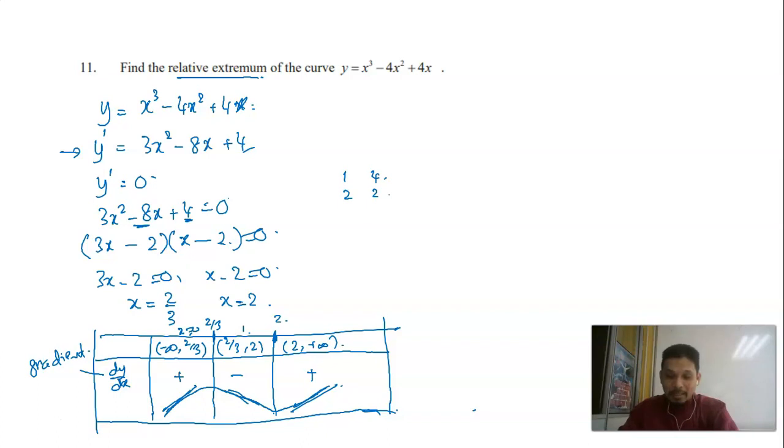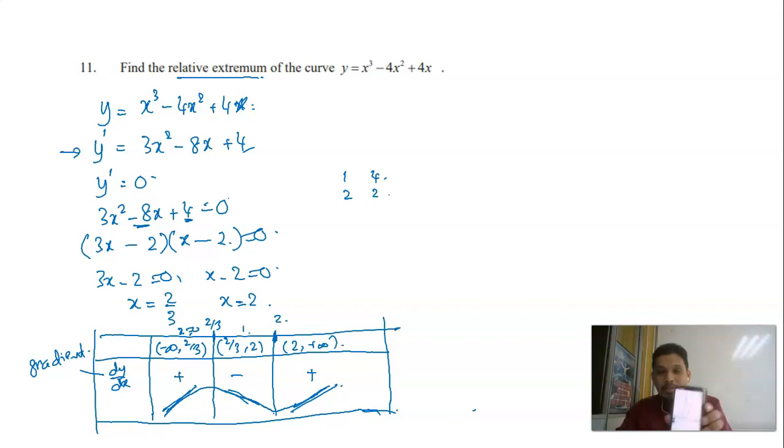Sorry. y equal to x cube minus 4x squared plus 4x. There you go.